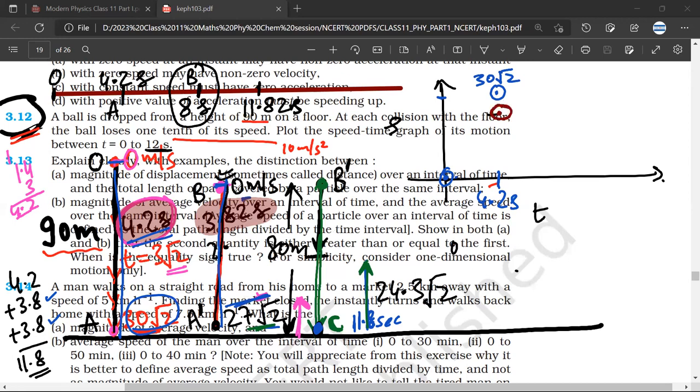Then for the next 3.8 second, that is till 8 second, I come to this point where the velocity again becomes 0. Avantika, is it making sense? Yeah.